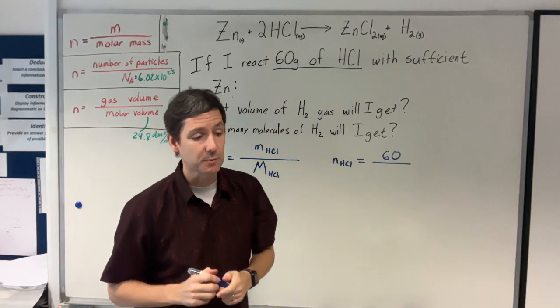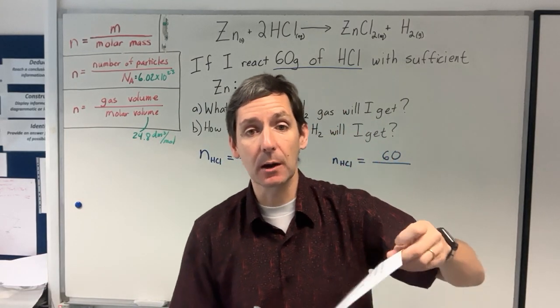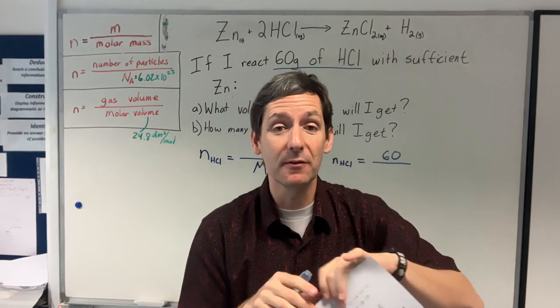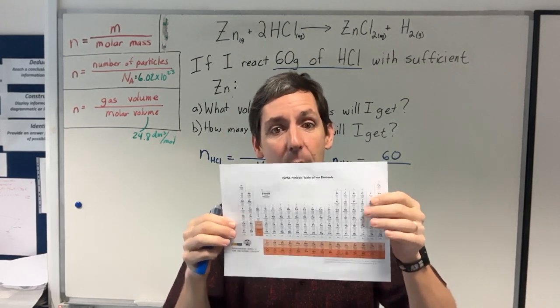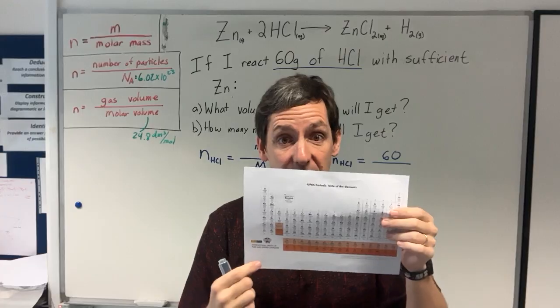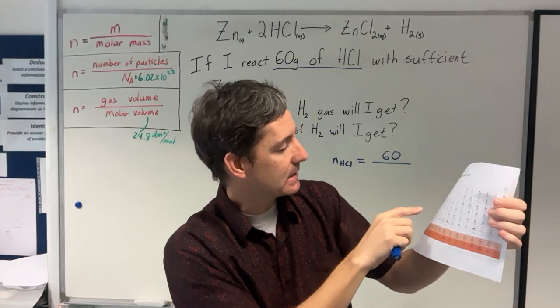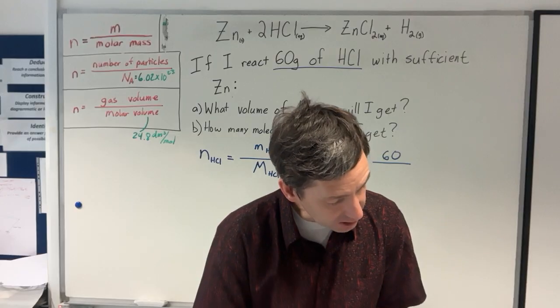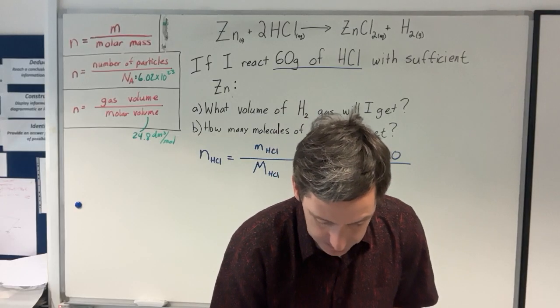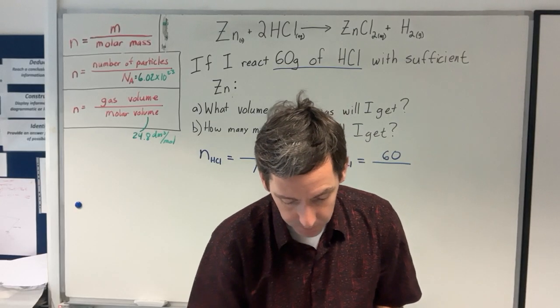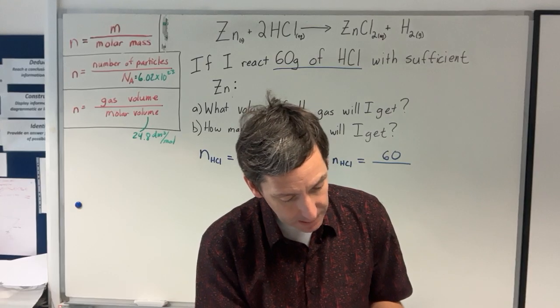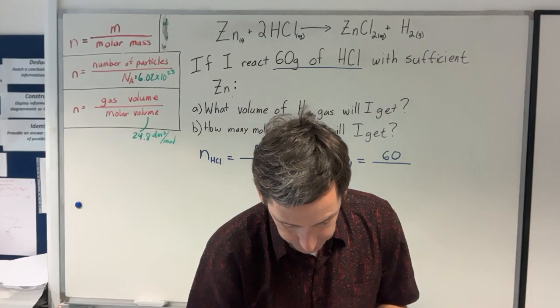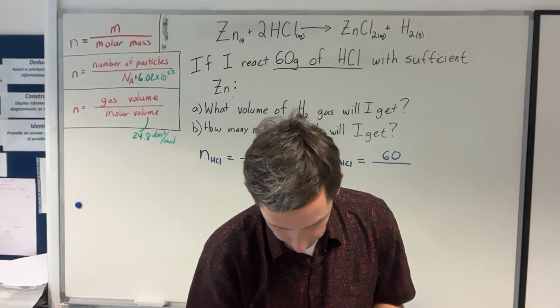Now, molar mass, remember, all you have to do is look up those elements in your table of elements. Yep, sorry, that's upside down. And we add up the masses of each of those. And the mass is the small number that's down at the bottom. So for hydrogen, it would be 1.0080. And then for chlorine, it would be 35.45.